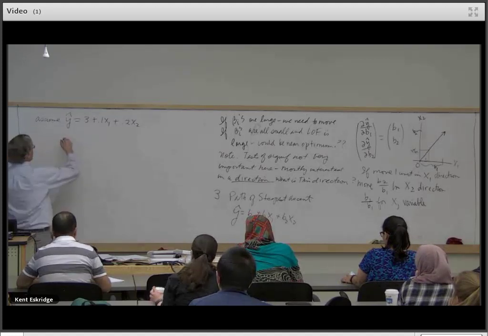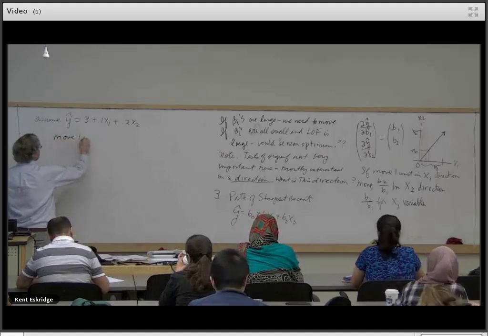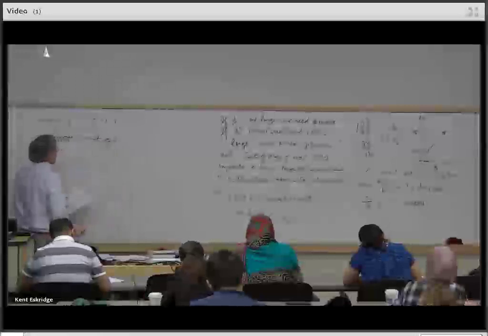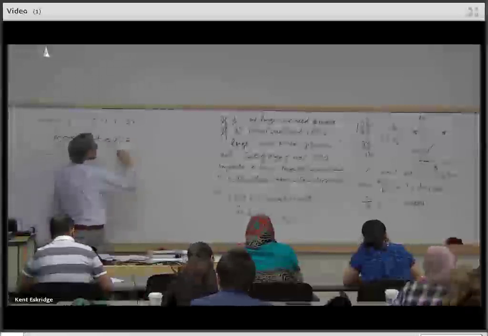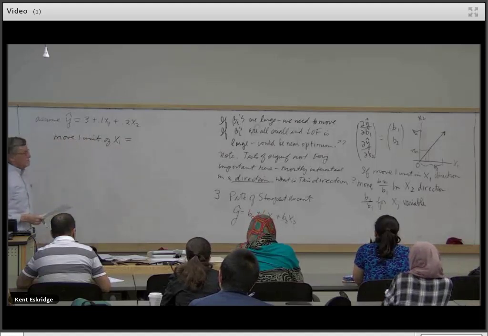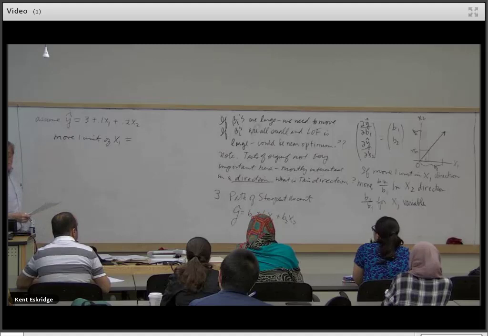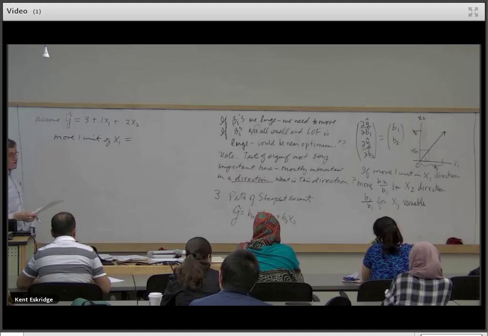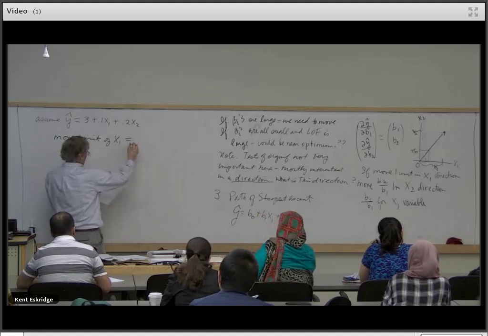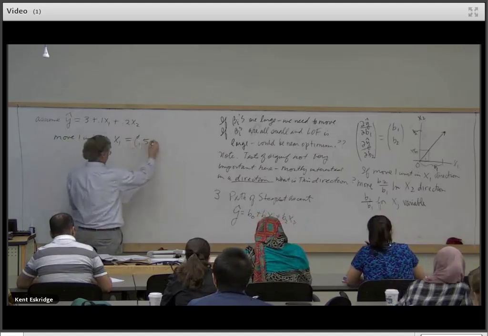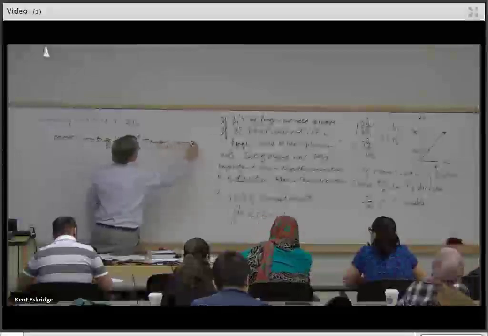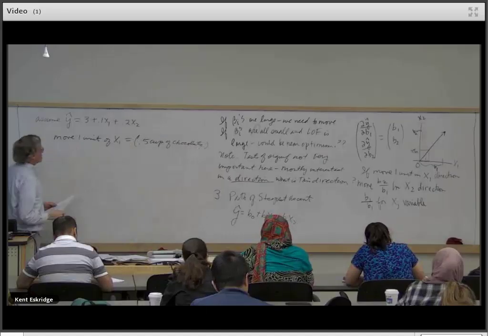So if I move 1 unit of x1, how much is that in units of chocolate? 0.5 is the unit, right? So if I move 1 unit of x1, that's equal to 0.5 cups of chocolate, because you have to translate it.